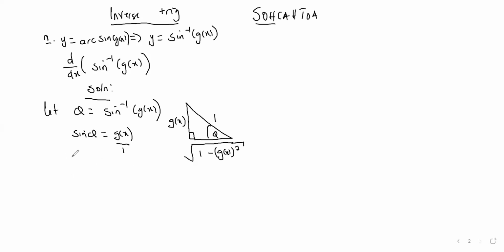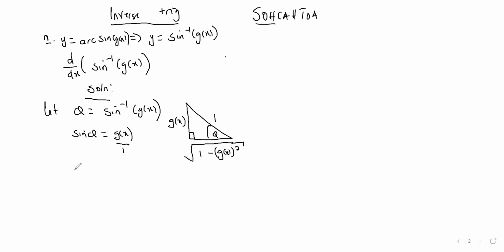Okay, so we need to differentiate theta with respect to x. But look at where theta is when it comes to the second function. Theta is sitting in sine. So we use implicit differentiation.